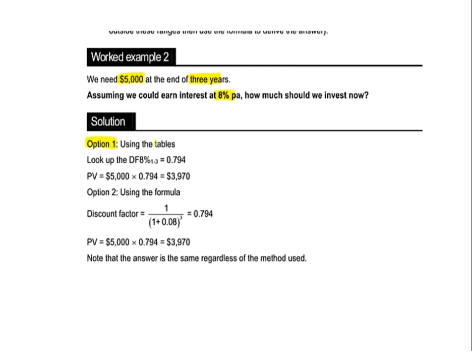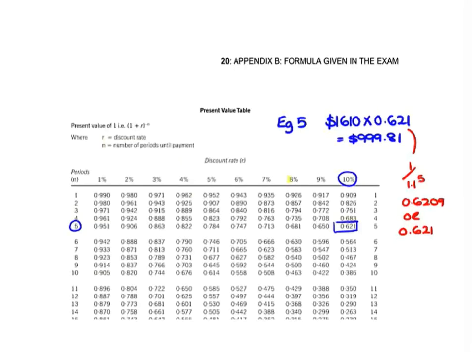The first one is to use the tables, and this really is the best one to do in the exam. So we need to look up the discount factor at 8% for 3 years, and that is 0.794.